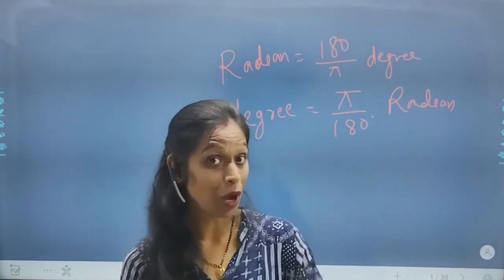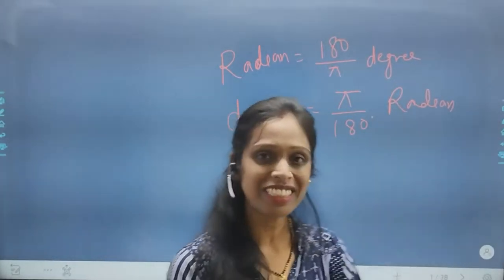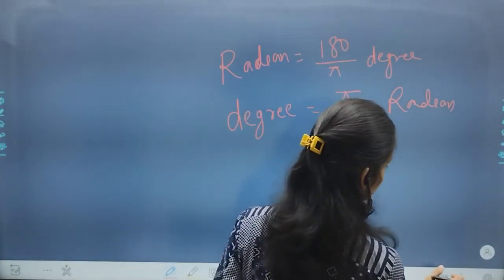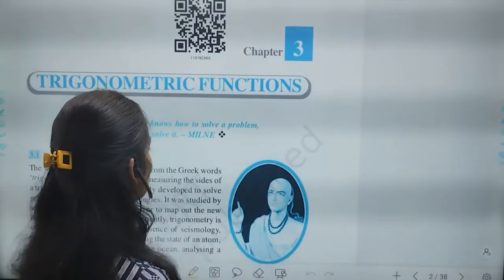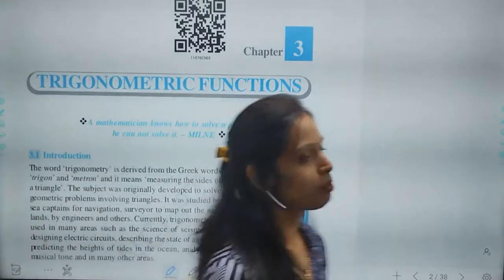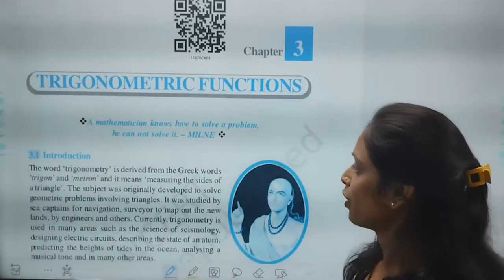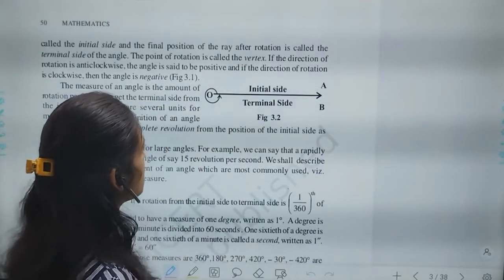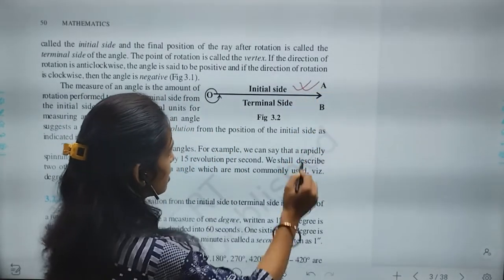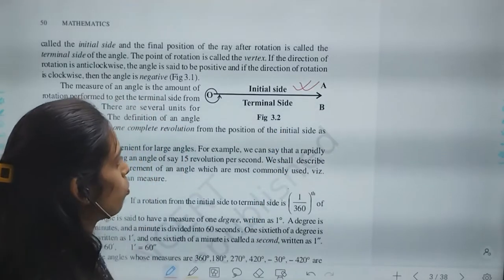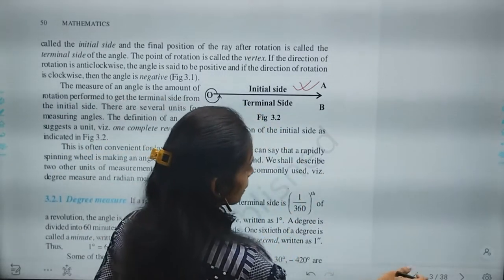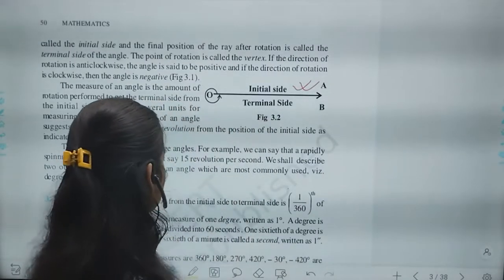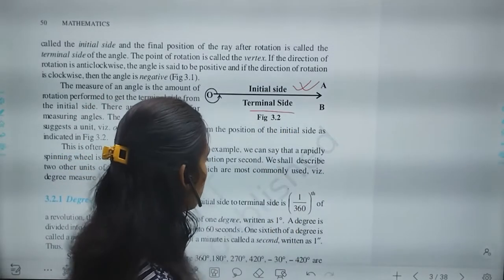Now this is the whole concept of chapter 3.1. Now let's come to the book and see whether we understood or not. This chapter is named trigonometrical functions. This is the initial point and this is the terminal point.